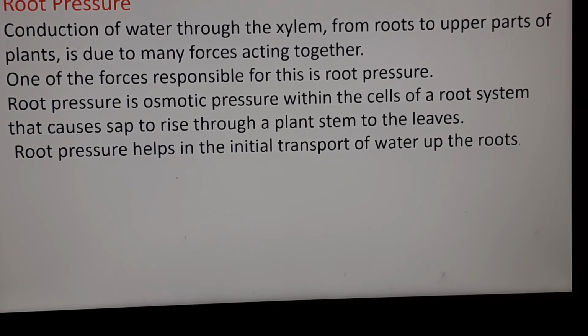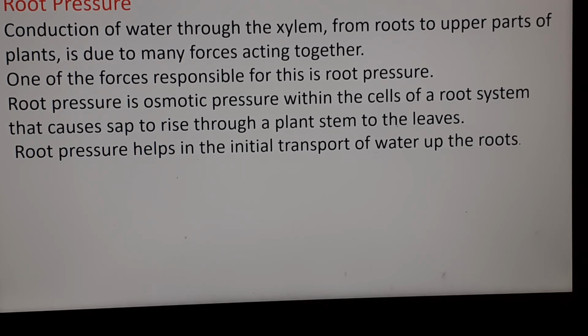See here, first one is root pressure. How does it happen? The root has root hairs through which it absorbs water from the soil. When it absorbs the water, it also absorbs the ions. Because of that, the ion concentration inside the root becomes more compared to the soil.